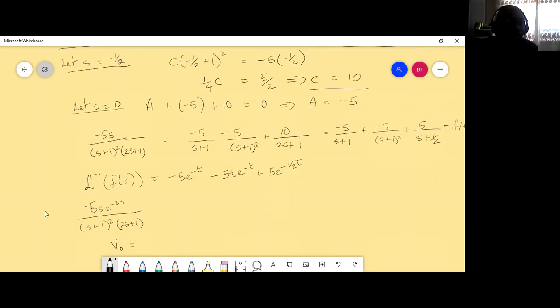the function that we have says that if I have e to the minus cs F of s, what we write down is f of t minus c u of t minus c.